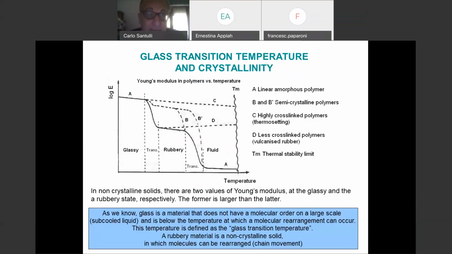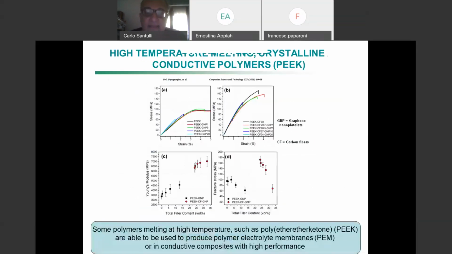So it might not be able to withstand the so-called freeze cycles. But we are going to discuss more this later.